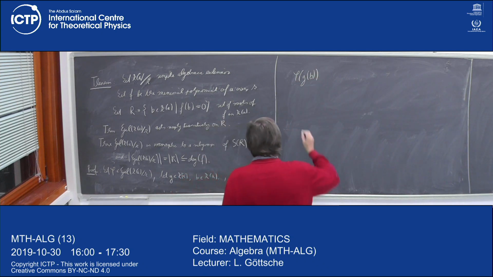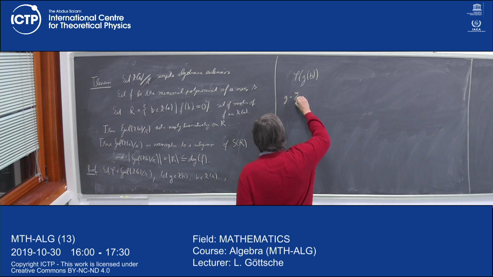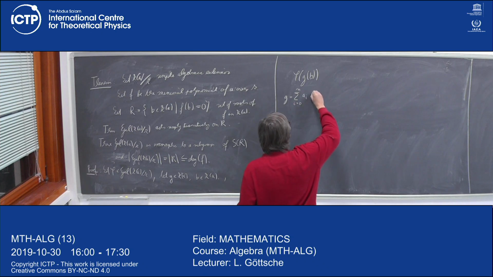g was the sum from i equals 0 to n, where I haven't used n yet, of a_i x to the i.